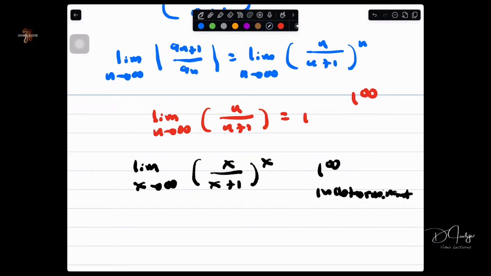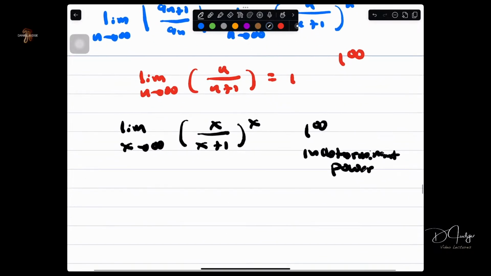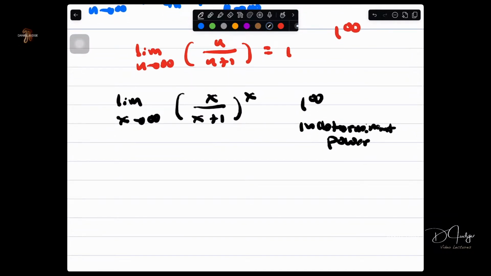It's really calculus 2. So where we're headed with this is to use L'Hopital's rule. So we have to go through the process where we let y be x over x plus 1 to the x power.